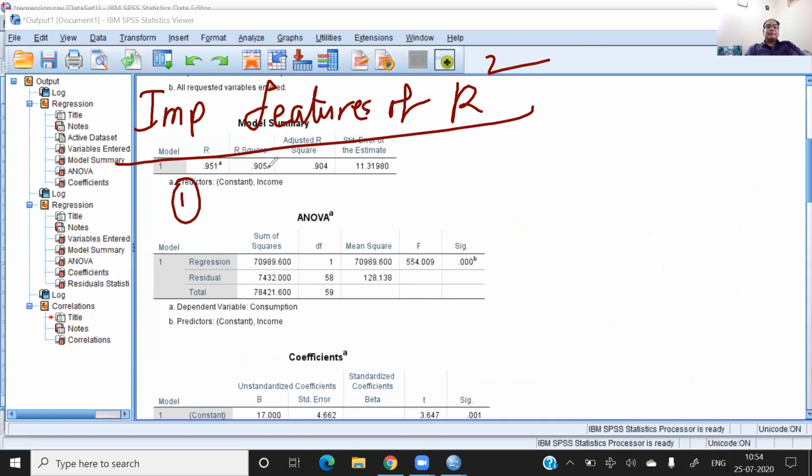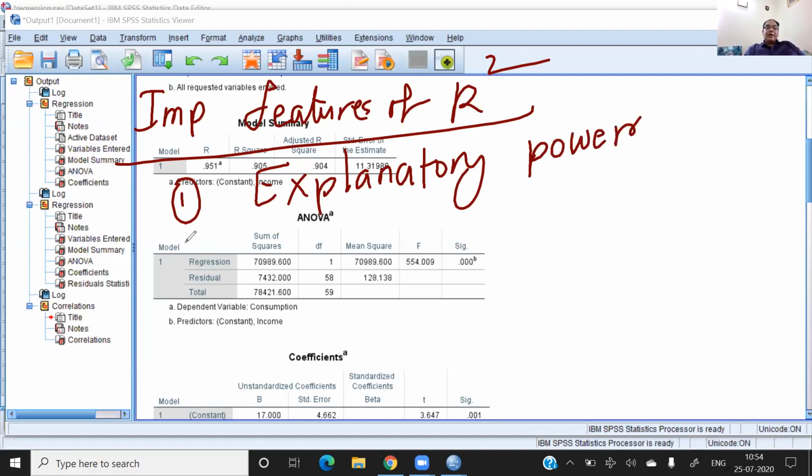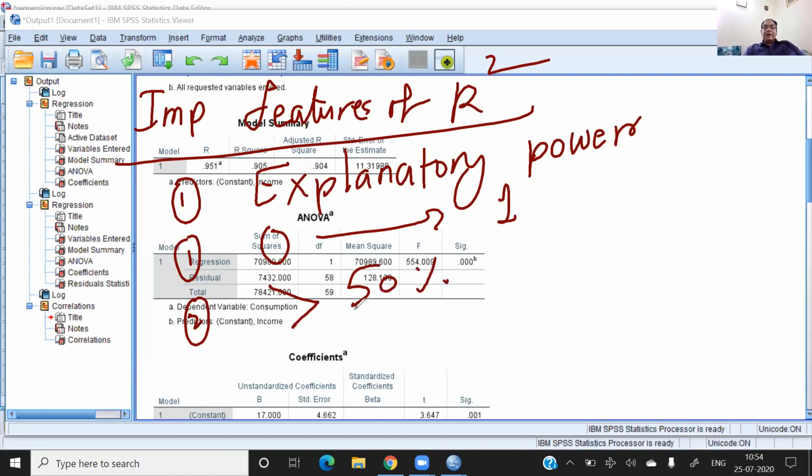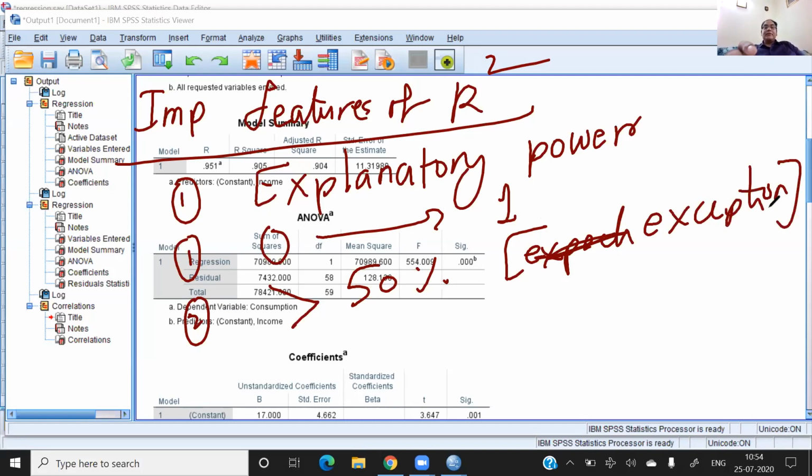Number one, it represents the explanatory power of the model. It lies between 0 and 1. And second, it should be greater than 50%. It is expected that the model you are developing should have the R square more than 50%, but some exceptions are also there, like in finance, where we are not getting a very high R square.